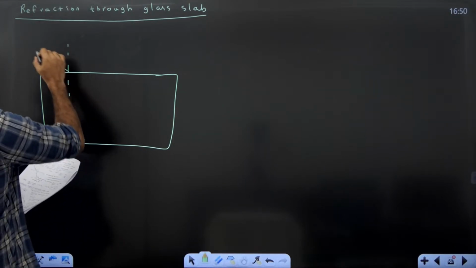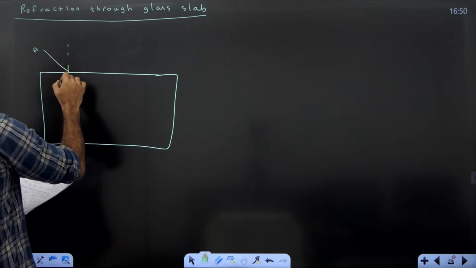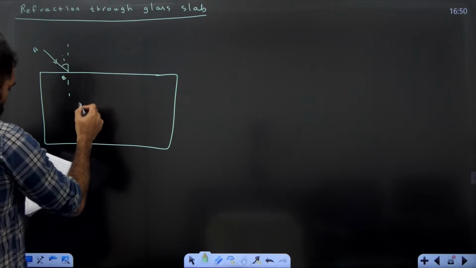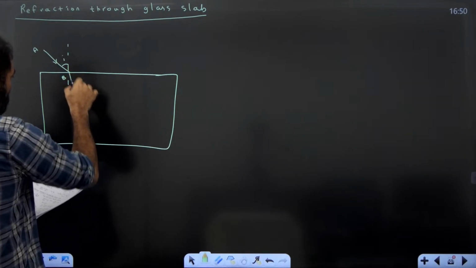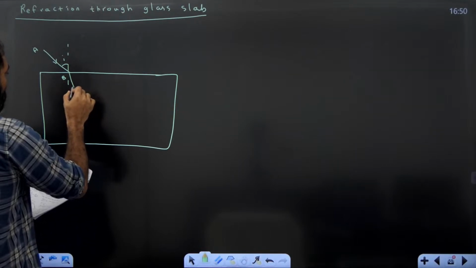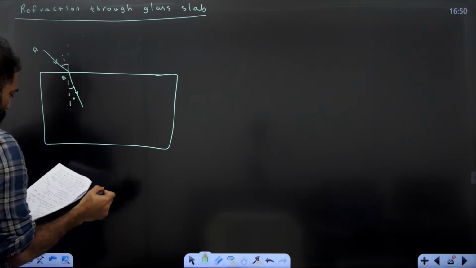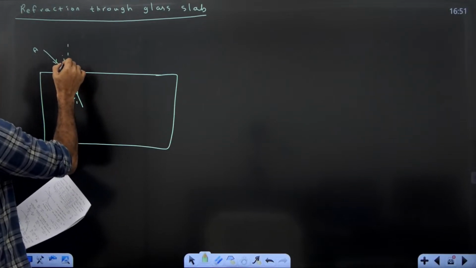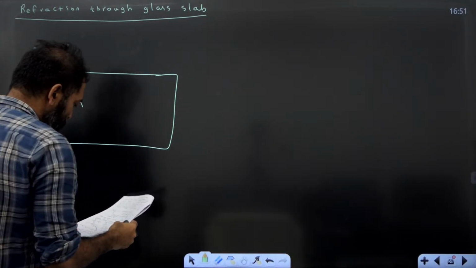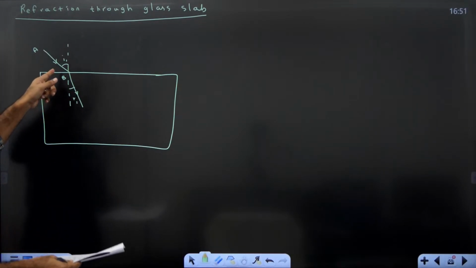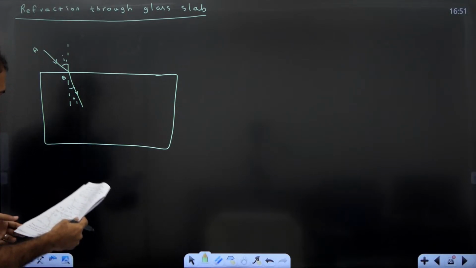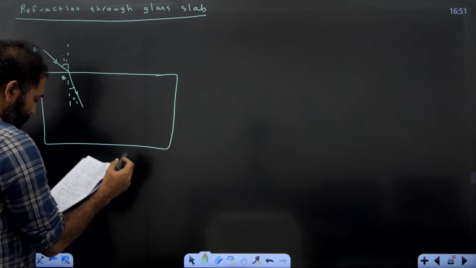AB is the incident ray at angle I, and BC is the refracted ray at angle R. I am marking this as I1. So AB is the incident ray at angle I1 and BC is the refracted ray at angle R1.